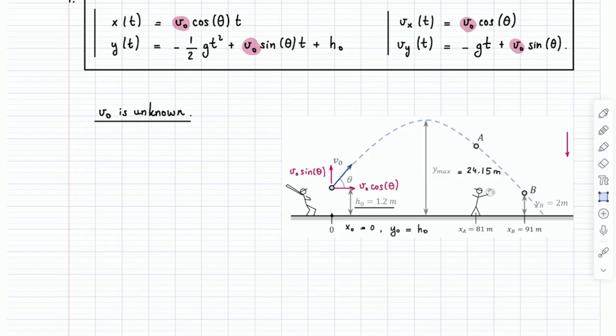I can't seem to figure out how to do it. So let me just call it v0, and I'll show you how I'll answer all the other questions if I knew v0. I just don't, but I'll at least show you that I know how to do those questions. So you could do that, but you want to find v0 and theta if you don't know either. Here, we just need to solve for v0.